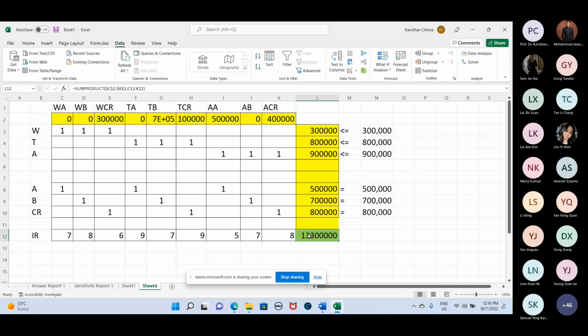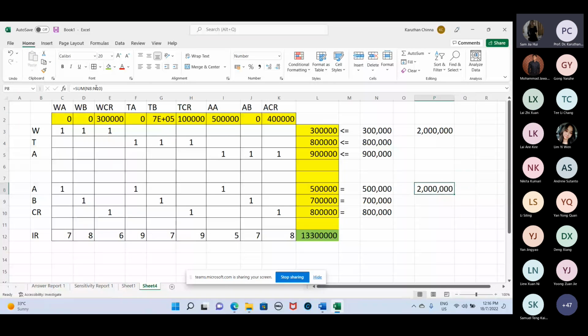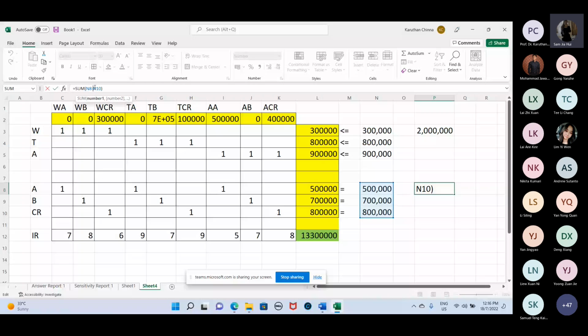All right. So how much are the values here? What's the supply? What's the demand? 2 million. Correct, right? Is it a balanced problem?